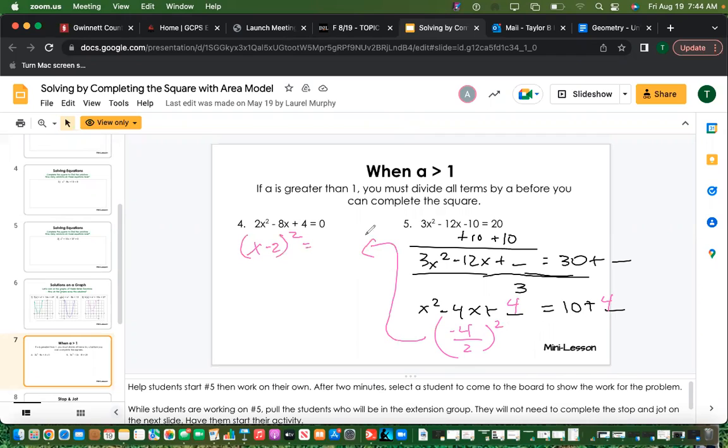And the other side is going to equal 14. Now, when I take the square root of both sides, that's going to give me x minus 2 equals positive and negative square root of 14. I still want x by itself, so I'm going to add 2 to both sides. And that's going to give me x equals 2 plus or minus the square root of 14.